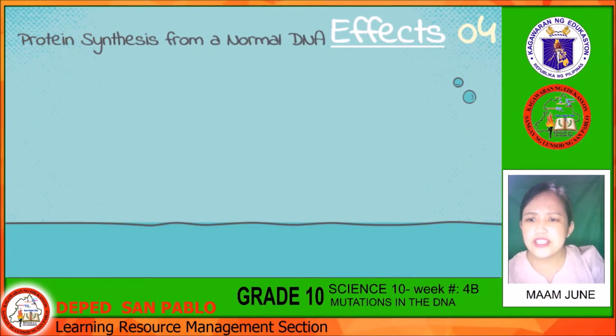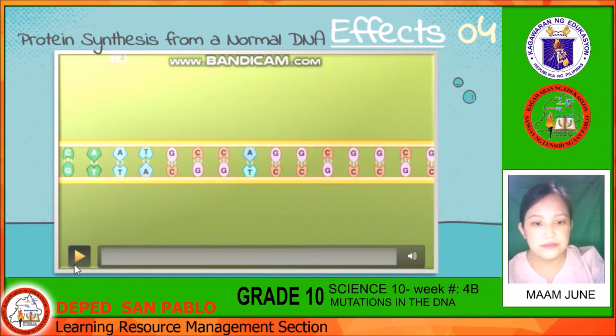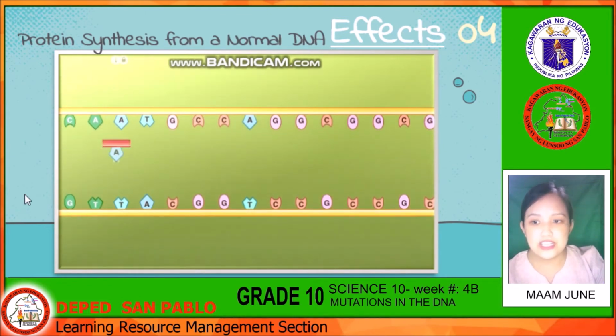How do these mutations affect protein synthesis and the traits expressed? Let us watch this simulation. This is a normal DNA strand to undergo transcription and translation.